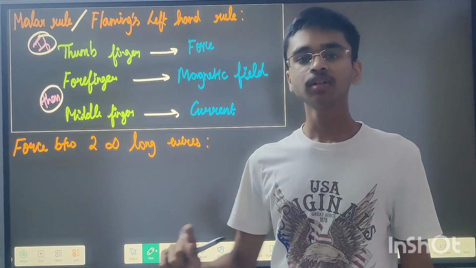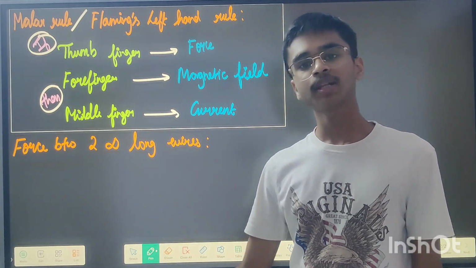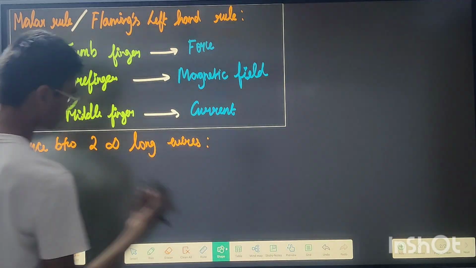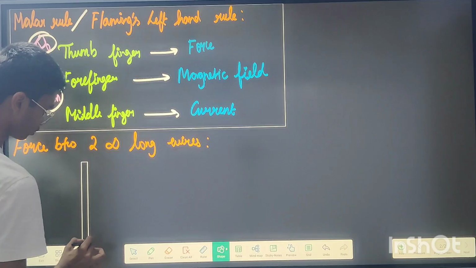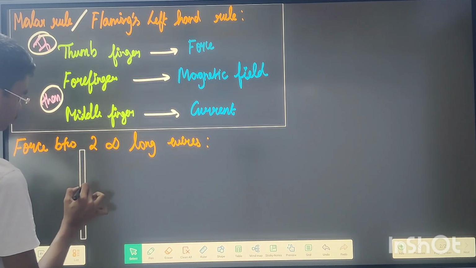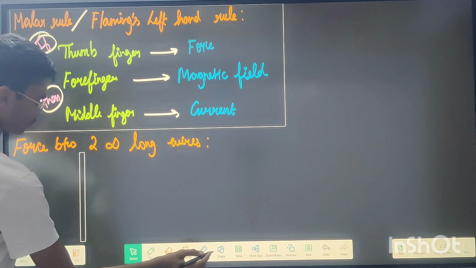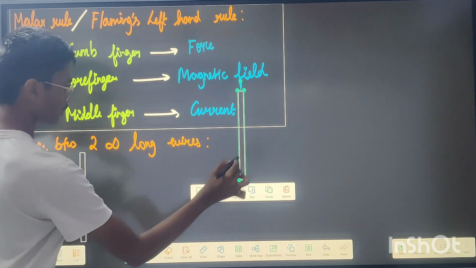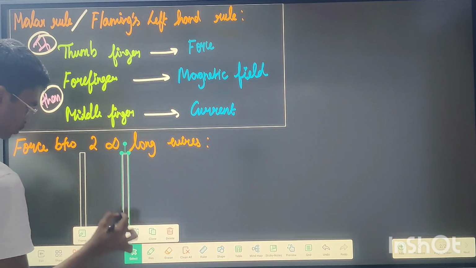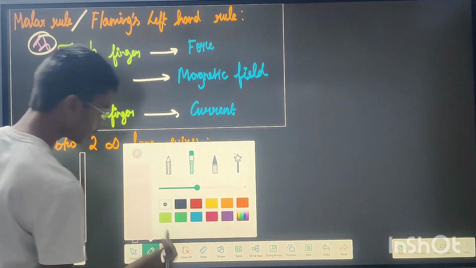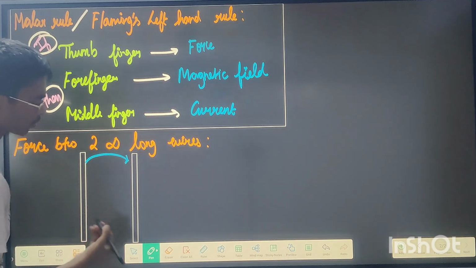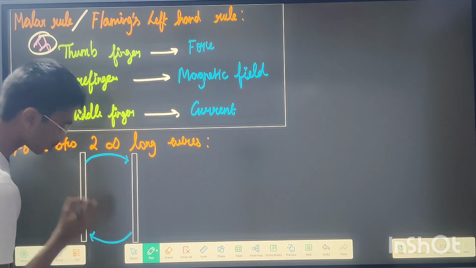One wire will be giving force on the other wire, and the same will be happening vice versa. So these are two different wires, and two different cases are there. First, this wire will be giving some sort of force on this wire, and then this wire will also be giving some sort of force on this wire.